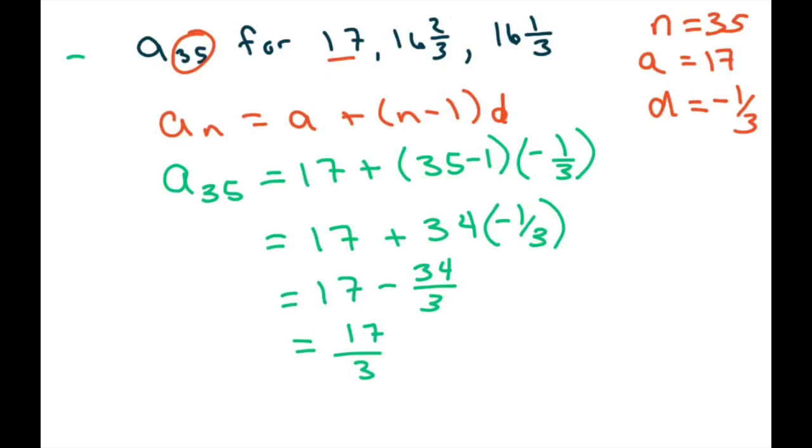If you did it with common denominator, it would be 51 divided by 3 minus 34 divided by 3. So remember, on the common denominators, all you have to do is, if you need a 3 here, just multiply the numerator also by 3. And that gives you that 51. And that's your 35th term.